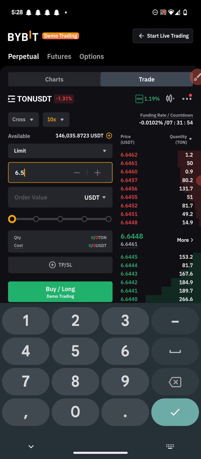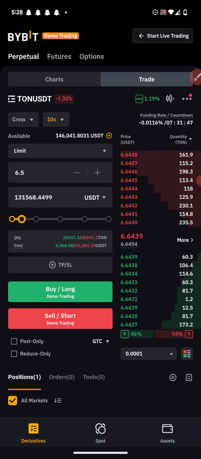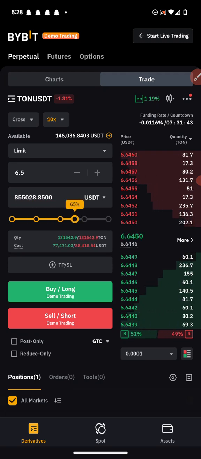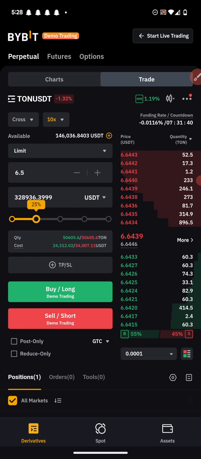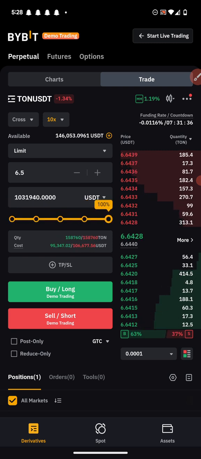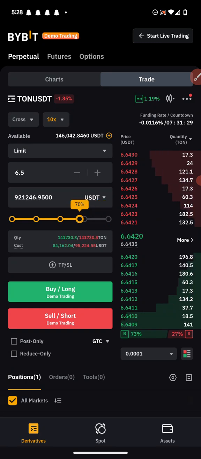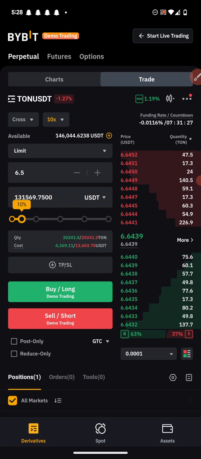That is the price we feel that okay, TON is going to drop to, and then we bring this one to 10%. This represents your capital. Do you understand? If you put 100, it means that you want to use your whole capital to enter that trade. Sure, you understand? If you put 10, it means you just want to risk 10%, which is what I recommend. 10% of your capital, that is what it means.